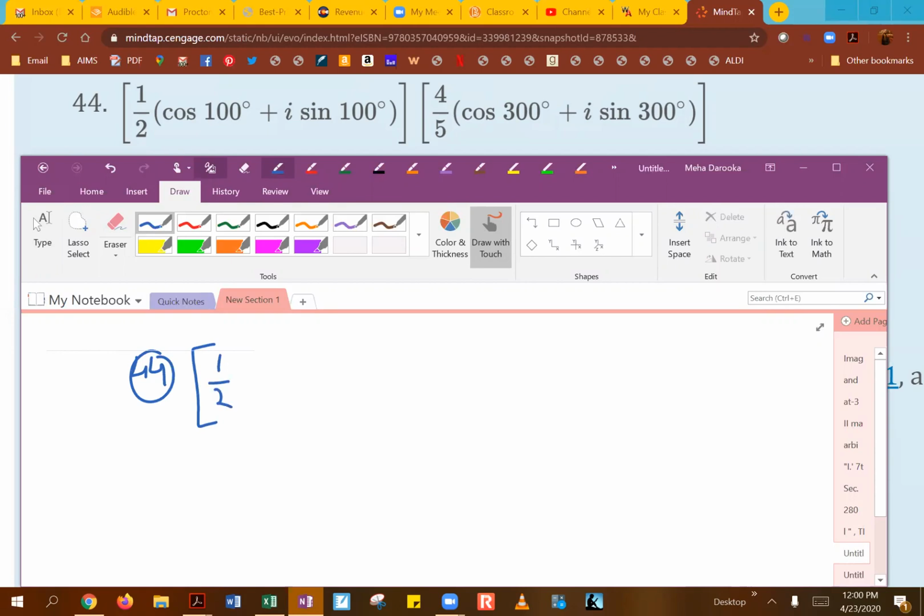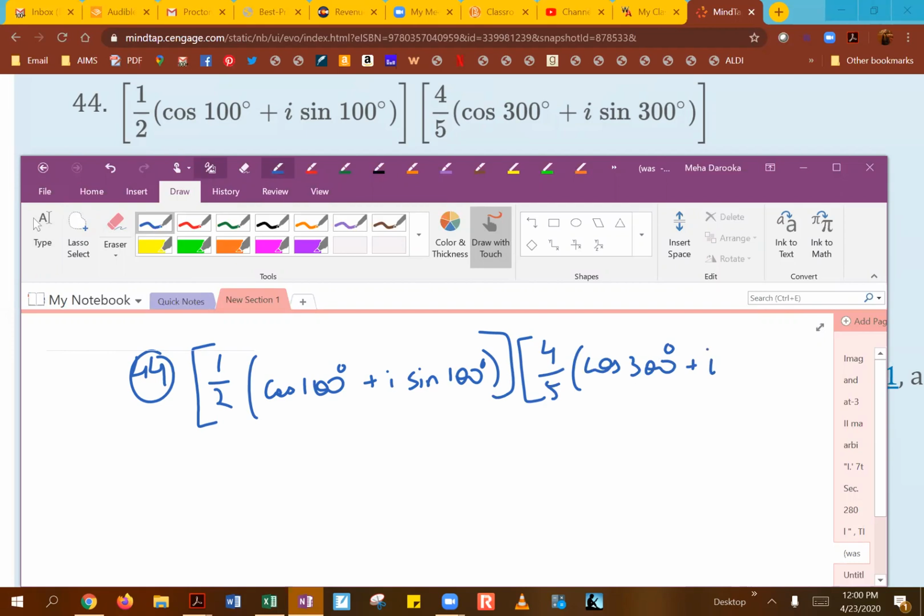The first complex number is 1/2 (cosine of 100 degrees plus i sine of 100 degrees), and we're multiplying this by 4/5 (cosine of 300 degrees plus i sine of 300 degrees).